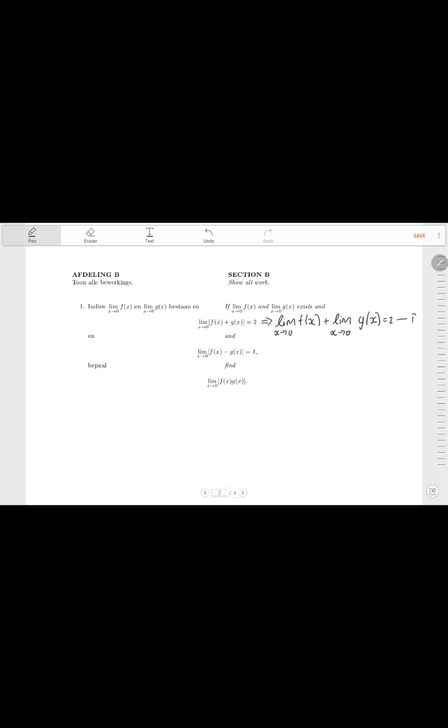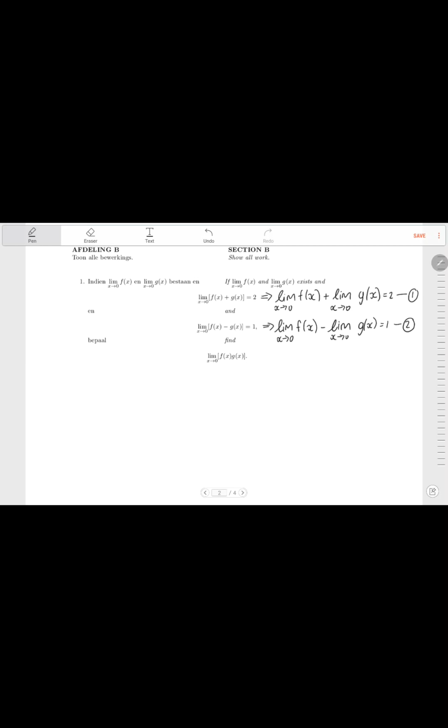I'm just going to call that equation 1. And this I'm going to write as the limit as x approaches 0 of f of x minus the limit as x approaches 0 of g of x, which equals 1. That I'm going to call equation 2.